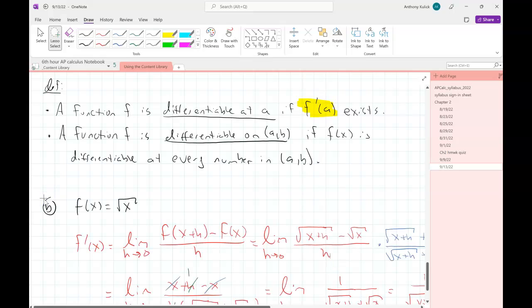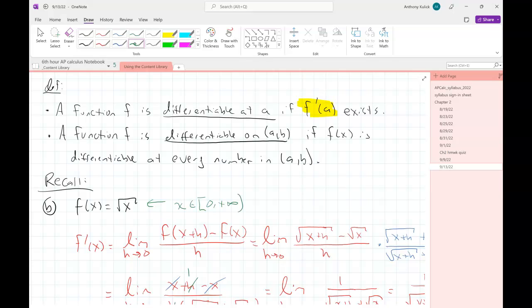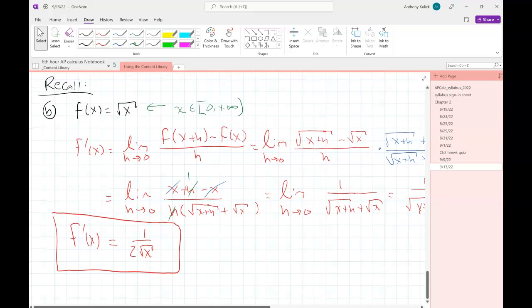I'll put a recall here. If I look at my function, the domain for this function is the closed interval from 0 to positive infinity, right? If I go back and look at the derivative now, the domain for this derivative is the open interval from 0 to infinity, right?